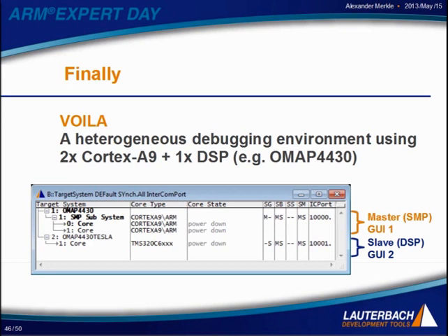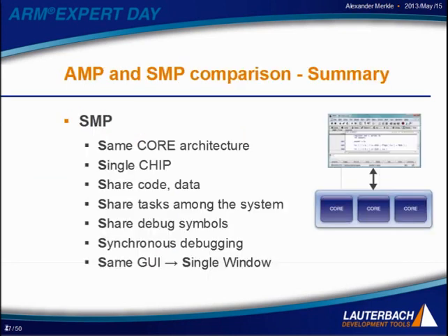So let's sum this all together. What we have learned today, SMP debugging means we have the same core architecture for all cores of our single chip. All cores share their code and data. They run on a single operating system, which also implies they have a single task set, which is shared among all cores. From the code debugging point of view, they also share their debug symbols.